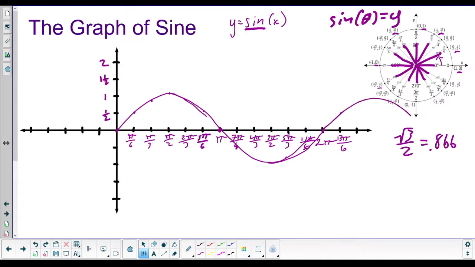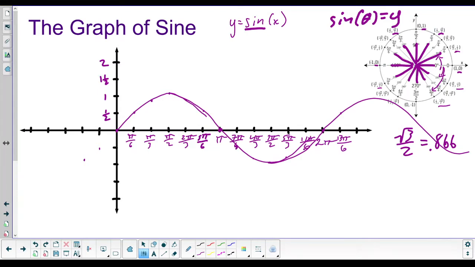Likewise, if we do negative values, if we go to negative pi over 6, which is negative 30, we're at negative 1/2. So we go left, down a half. Then if we did negative pi over 3, or negative 60, we'd be at negative radical 3 over 2. So we would be at almost negative 1.